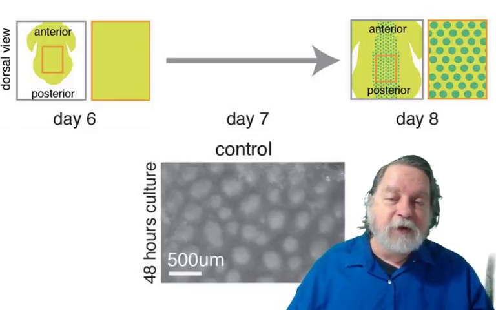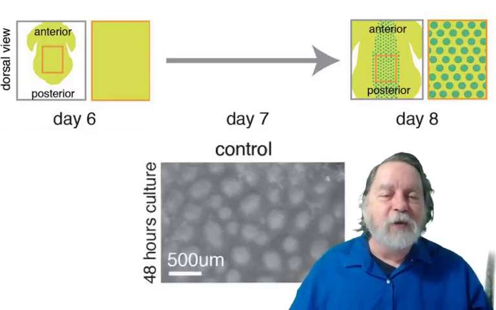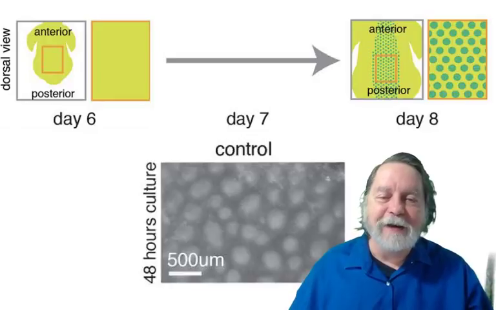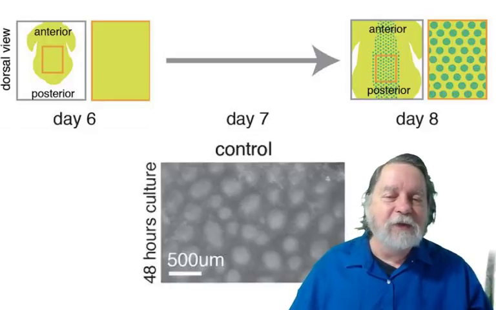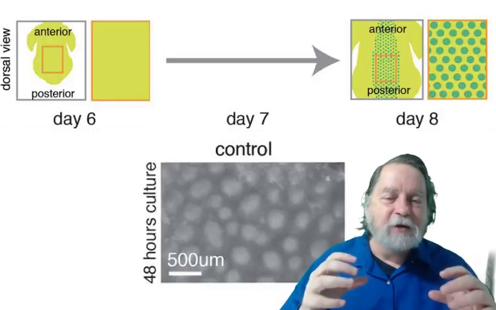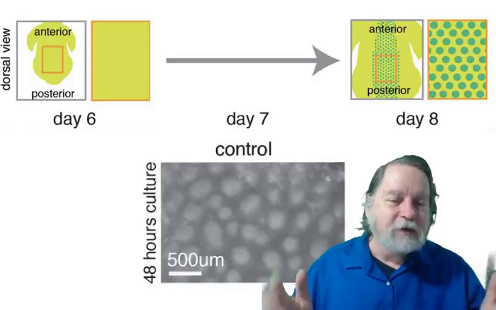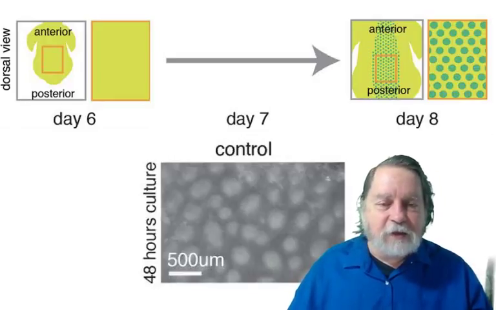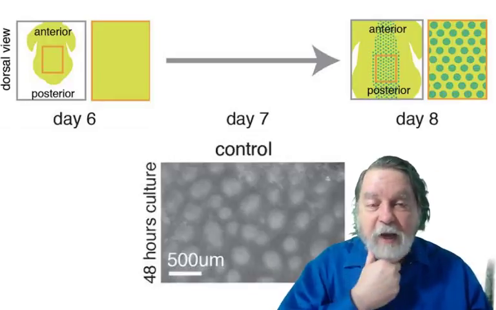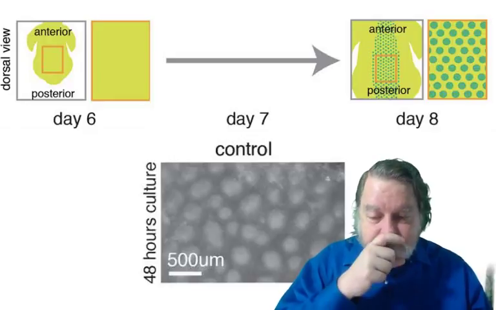Down there at the bottom is just a photograph of what these actually look like, and you can get an idea. It's not quite as regular as the diagram on the top right, but it is a regular pattern where you've got these roughly defined domains that are exclusive, and there's a median distance between all of them. So it's a classic example of the kind of pattern I've been talking about so far.